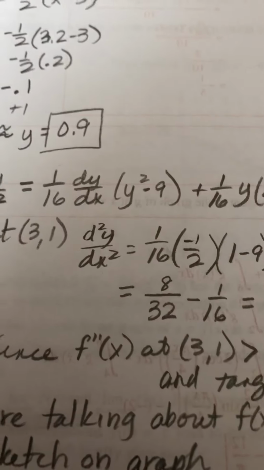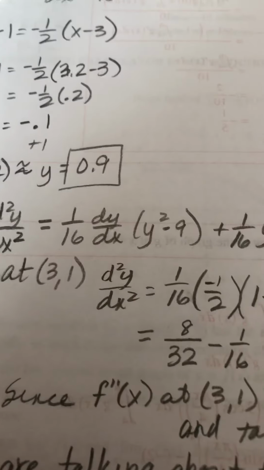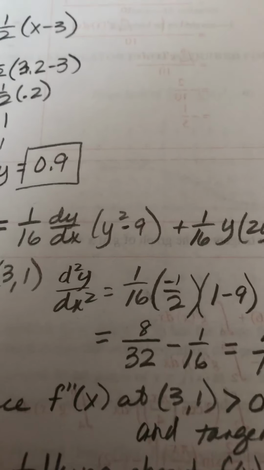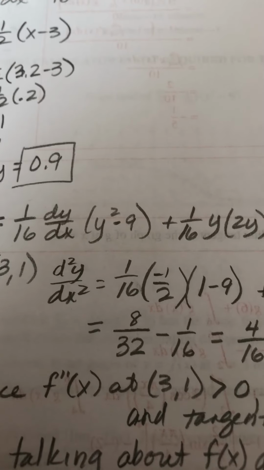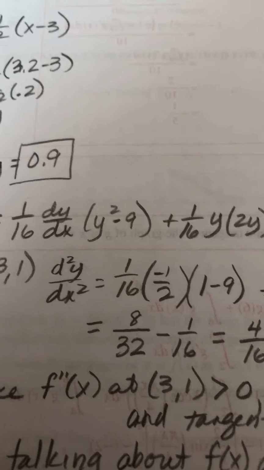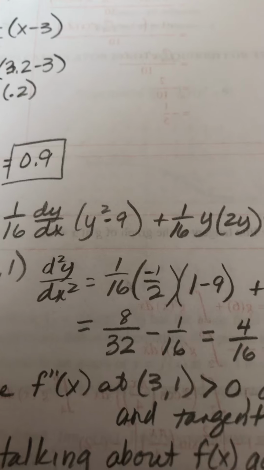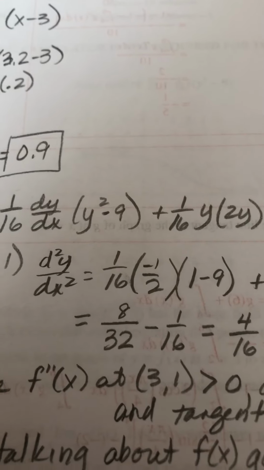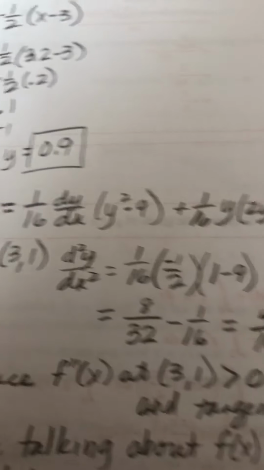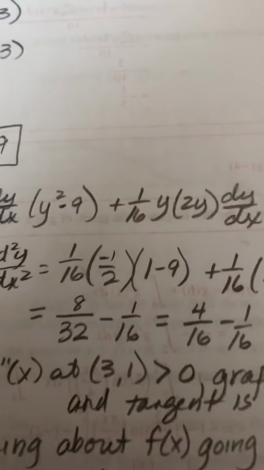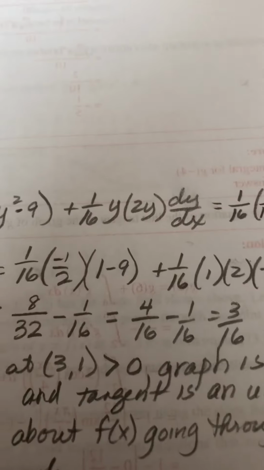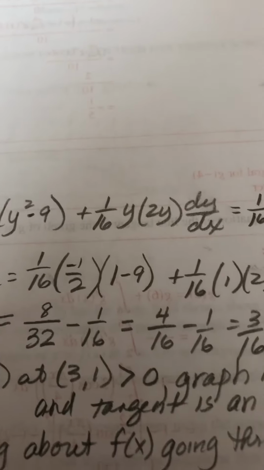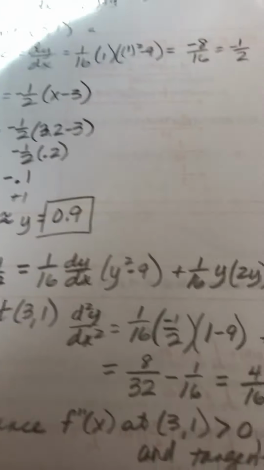We want to know at (3, 1), is our tangent line an over or an under approximation? Remember, we know if a tangent line is an over or an under approximation by whether our curve is concave up or concave down at that point. So we evaluate our second derivative at the point (3, 1). Again, it's in terms of y, so we're only subbing in the y value of 1. And we already know from part A that dy/dx is negative 1/2.